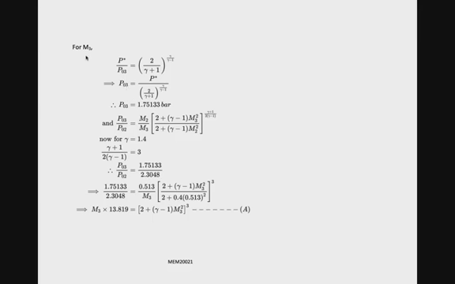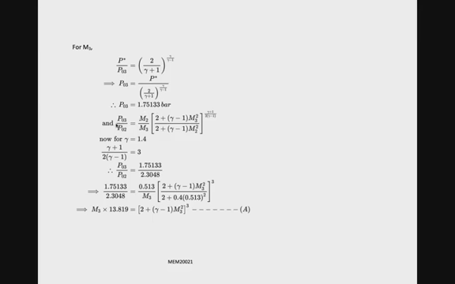To calculate M3 we need properties at M3 like T3, T03, P03 or P3. So we calculate P03, and putting the values we get P03 is equal to 1.75133 bar.